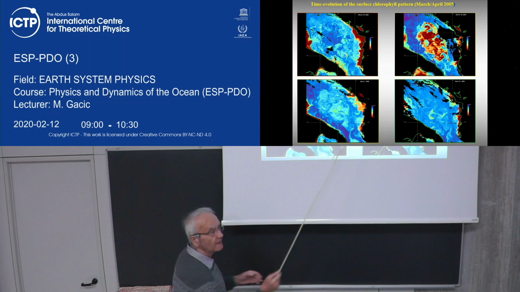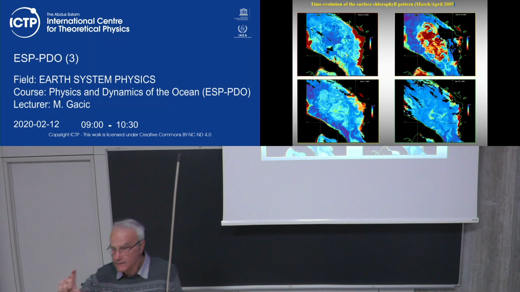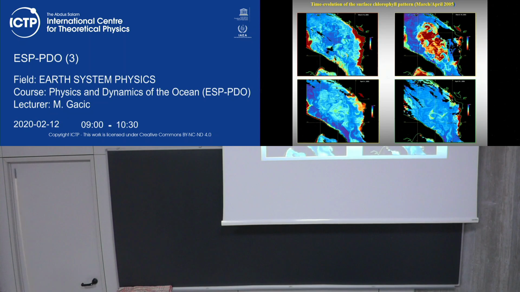And so phytoplankton has enough time to stay in the surface layer, being exposed to solar radiation and also having enough nutrients to bloom.